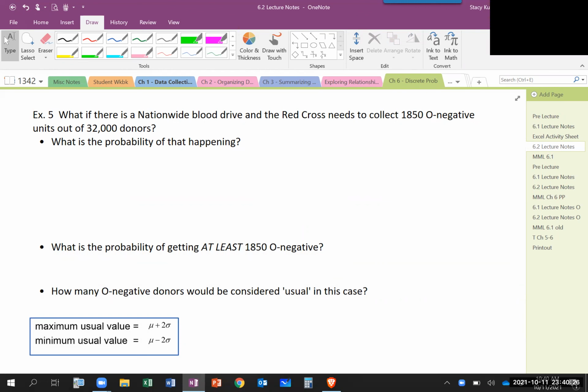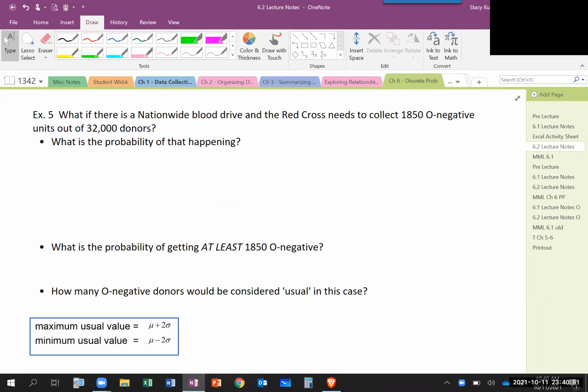All right, but what we are changing is this: instead of looking at a local blood drive that only contained 20 people, let's broaden that out. What if I have a nationwide blood drive and I want to collect 1,850, that's how much O negative I need to collect.